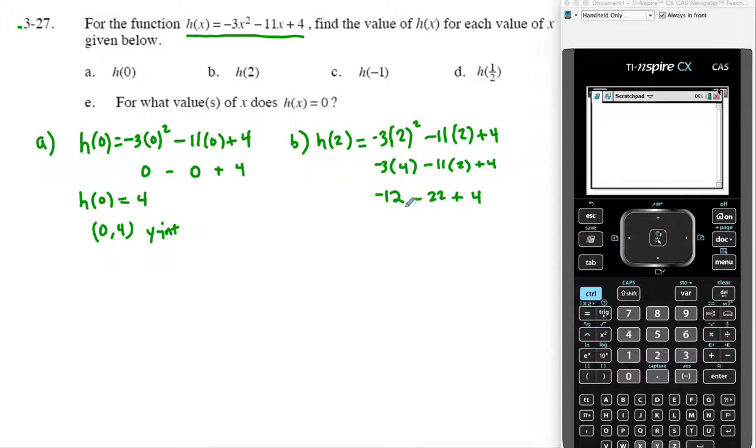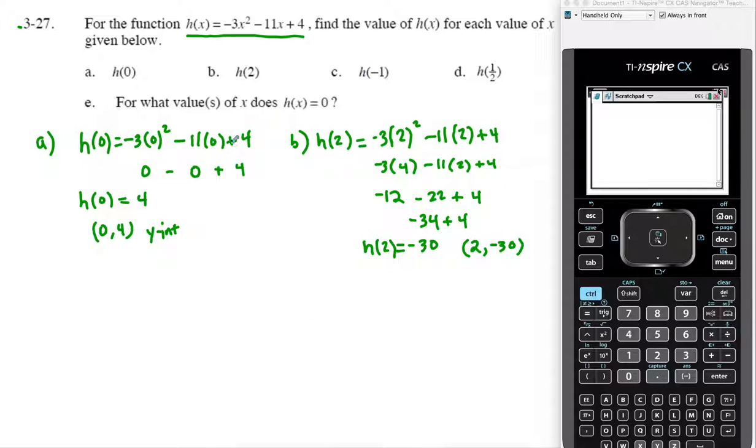Negative 12 minus 22 is negative 34. Plus 4 should give us negative 30. So we know that h of 2 equals negative 30. Or in other words, when we put in 2 into the function, we get the output negative 30. So the ordered pair would look like that.